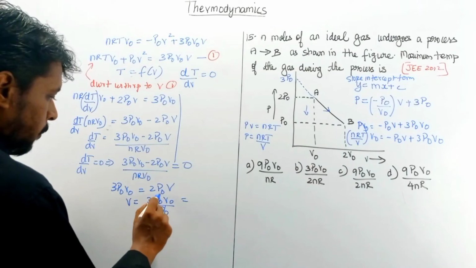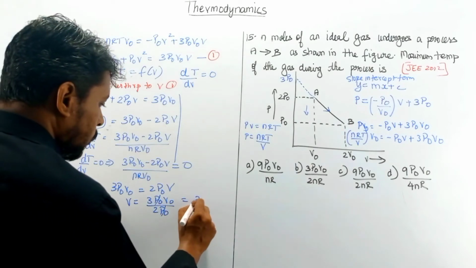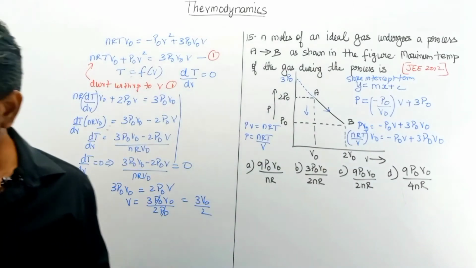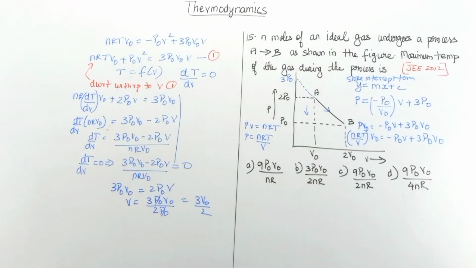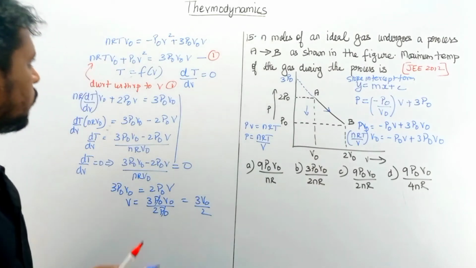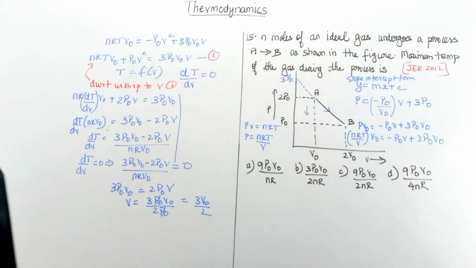P naught gets cancelled, so this will be equal to 3 V naught by 2. So we have got the value of V as 3 V naught by 2. Just make a note of it.